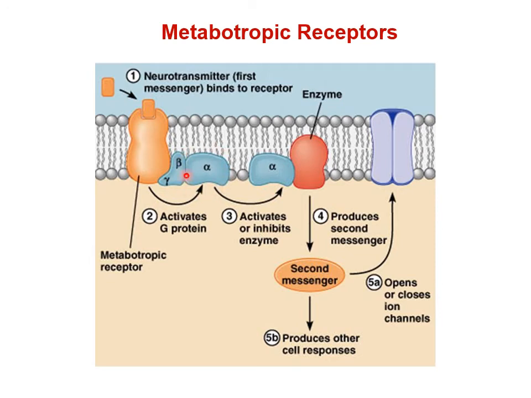This G protein is a GTPase that requires the energy from the GTP to physically move away from the receptor and activate an effector protein. In this case, it's an enzyme that catalyzes the generation of a new molecule, or second messenger, that acts in the intracellular space to mediate a signal that causes the ion channel to open, but also produces other cell responses that can modify protein phosphorylations and transcription.